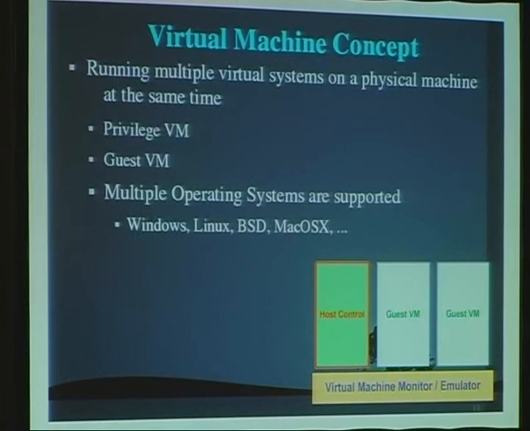The idea is that from the privileged virtual machine, which is also called the host virtual machine, you control all the other guest virtual machines. On the screen, the host virtual machine is the green one, and from it you control the other 2 guest virtual machines.